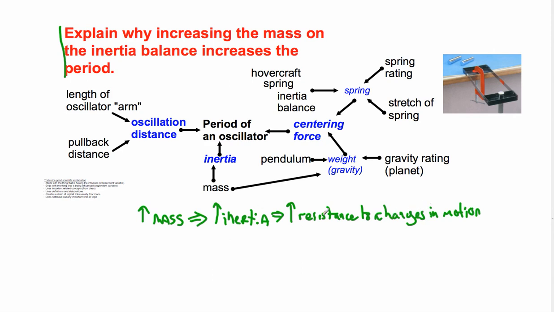Because it has a lot of inertia, it has a lot of resistance to changes in motion. That resistance to change in motion makes it harder to oscillate. And because it's harder to oscillate, it takes a longer time to oscillate, and I'll pick this up in the next segment.